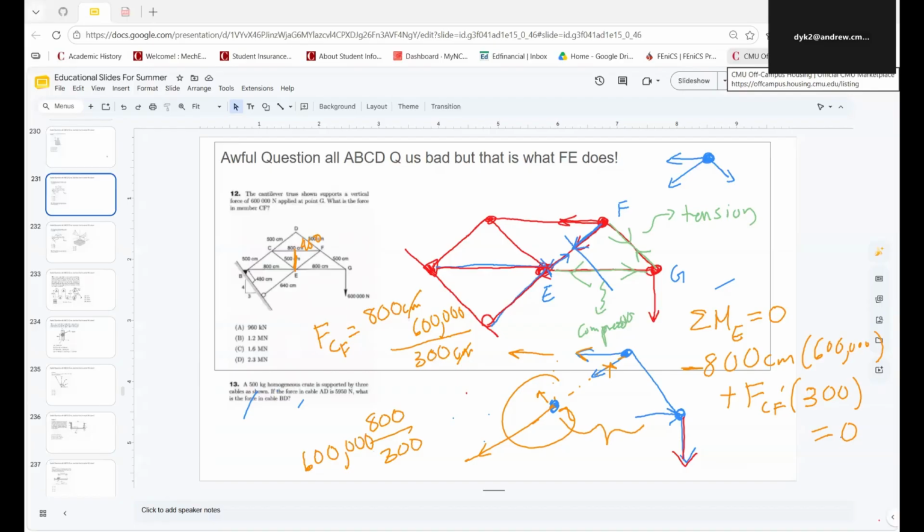So 6,000,000 multiplied by 800. Just grab your calculator. I'm just doing it on my calculator, man. So it's 800. No way. Okay, we got that. And then 300. I get 1,600,000. So I get 6 zeros. It is C. Beautiful question, beautifully solved.